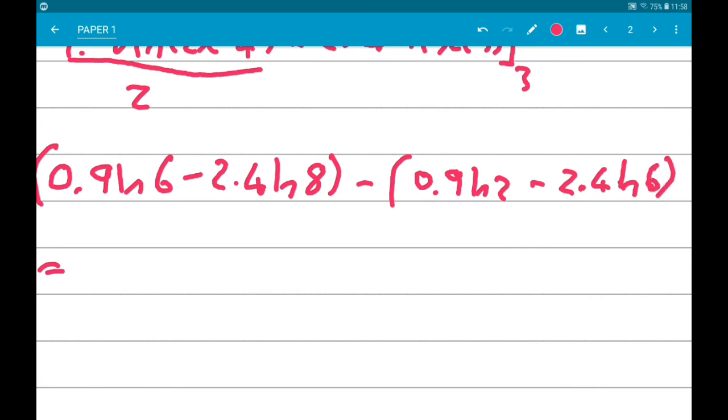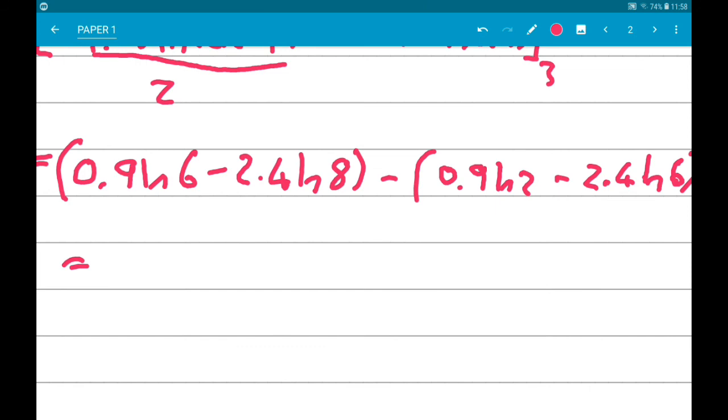Alright, so now we need to turn this into something just in terms of log 2 and log 3. Good times. So, we have 0.9 log 6 and then minus 2.4 log 6.